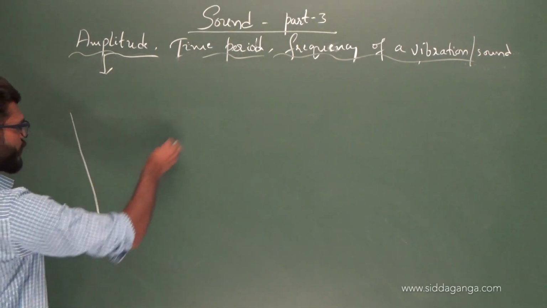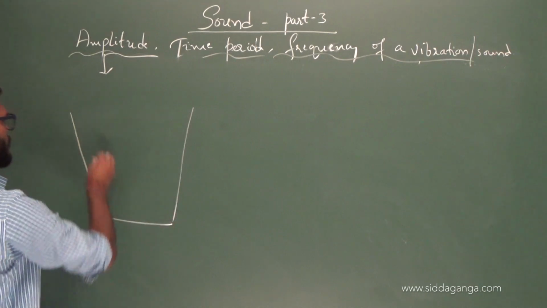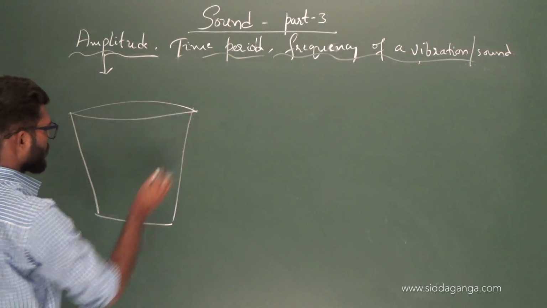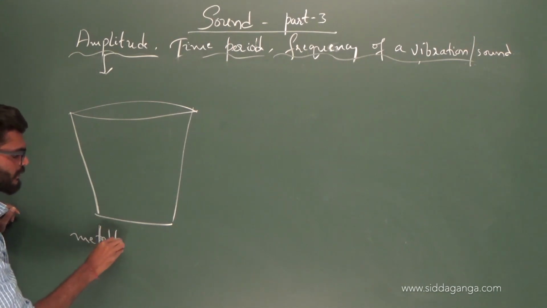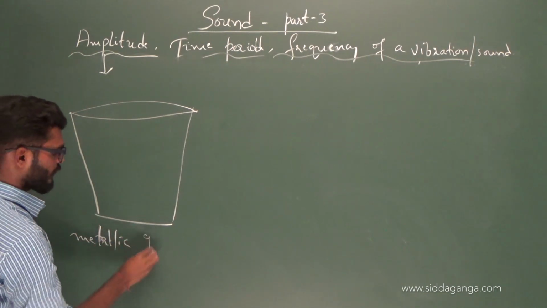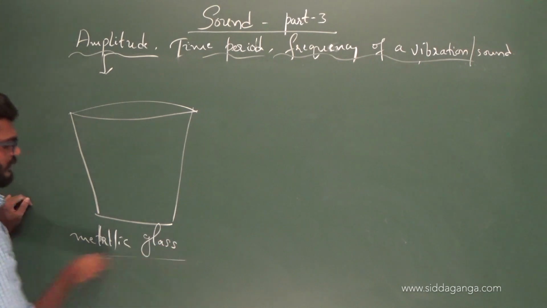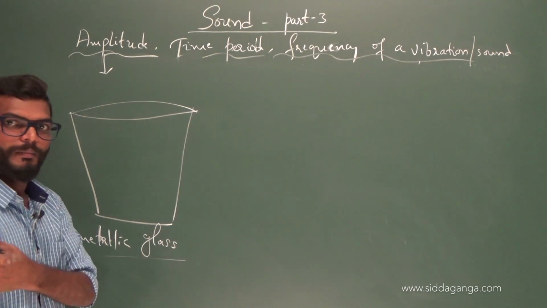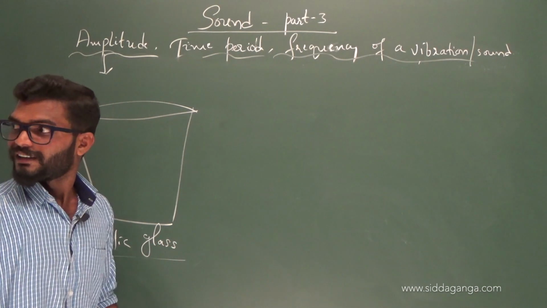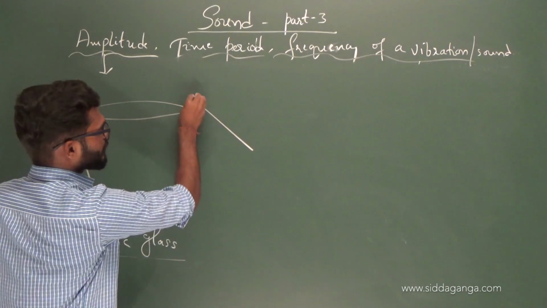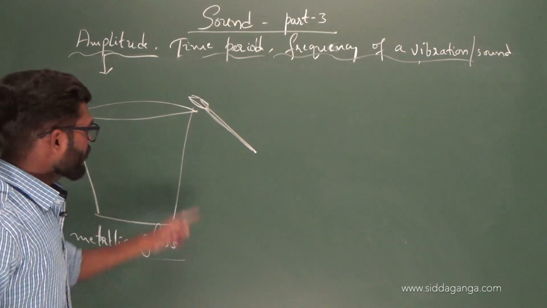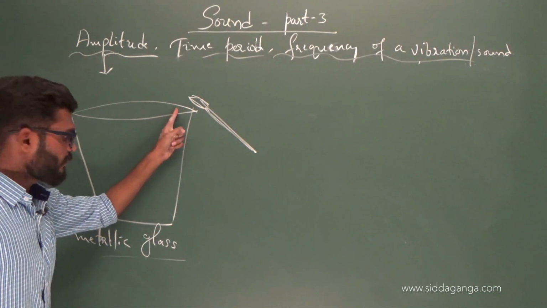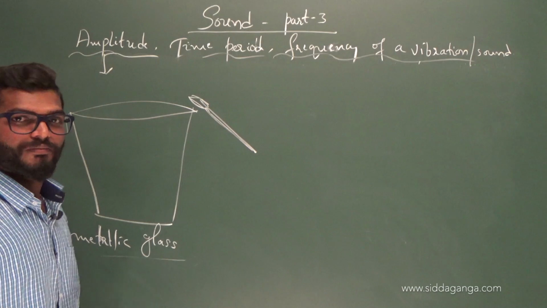Take a metallic tumbler, say metallic glass, copper glass, ಅಥವಾ ಅಲ್ಯೂಮಿನಿಯಂ ಗ್ಲಾಸು, ಬ್ರೋಂಜ್ ಗ್ಲಾಸ್, ಯಾವುದೋ ಒಂದು ತಗೊಳ್ಳಿ, ಮೆಟಾಲಿಕ್ ಗ್ಲಾಸ್, ರೈಟ್. Take a spoon. Now strike this brim of this metallic glass using that spoon.